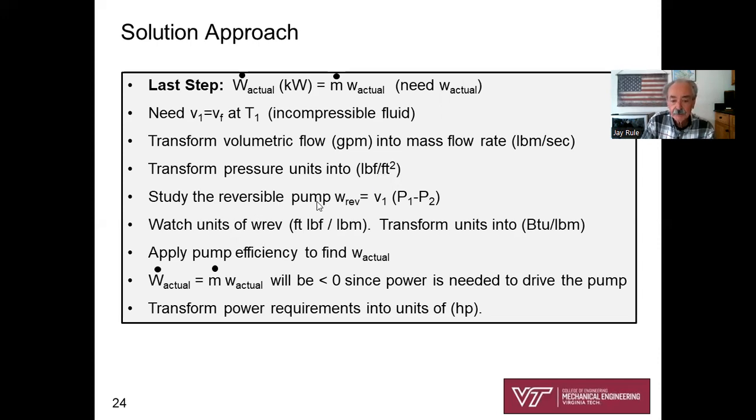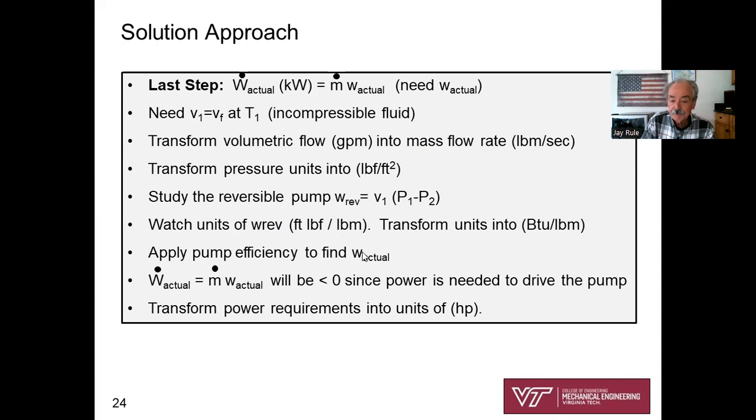Then we're going to study the reversible pump. Reversible pump work, V times P1 minus P2. And we're going to get units. If you look quickly at the units, you're going to see that you're going to get units of foot-pounds force per pound mass. And we're going to immediately transform those units into BTUs per pound mass.